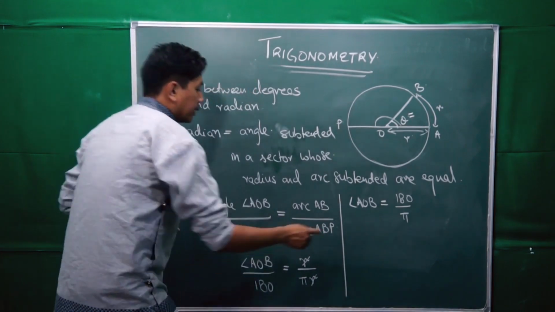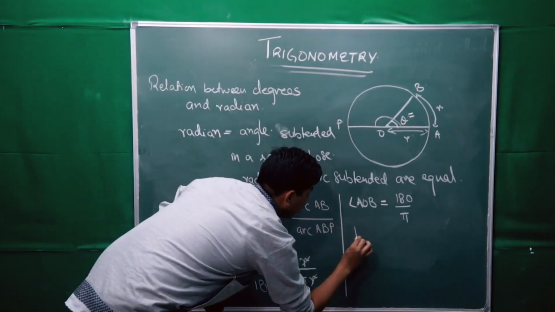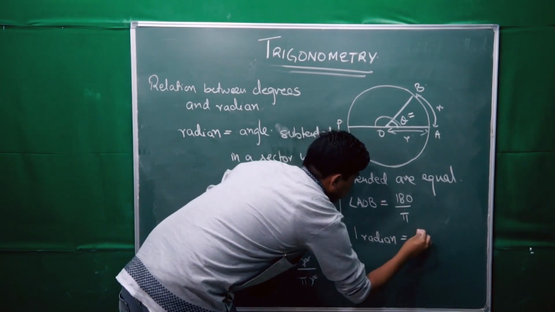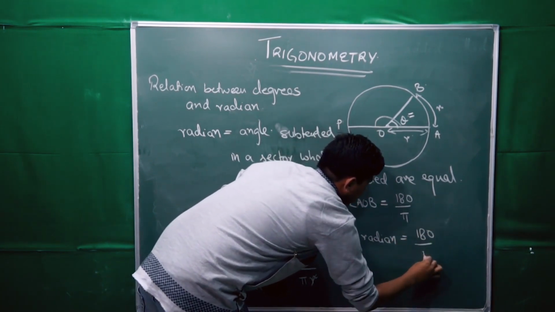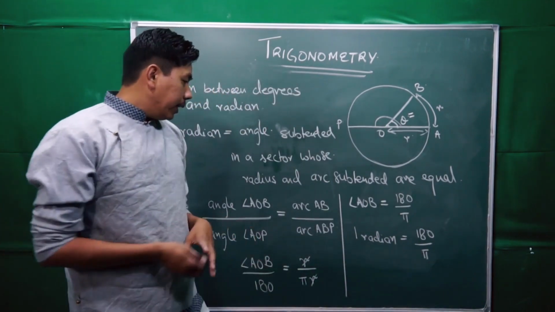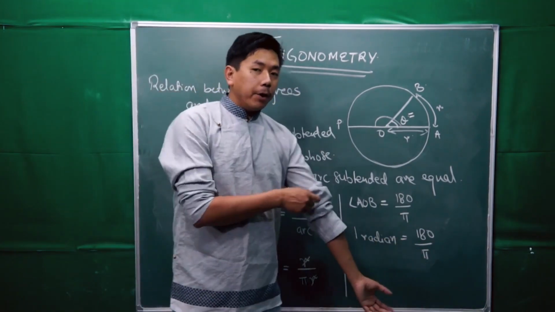So this is actually equal to 1 radian. Now 1 radian is equal to 180 degree upon pi.